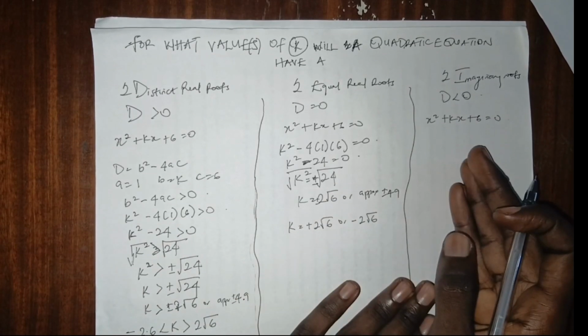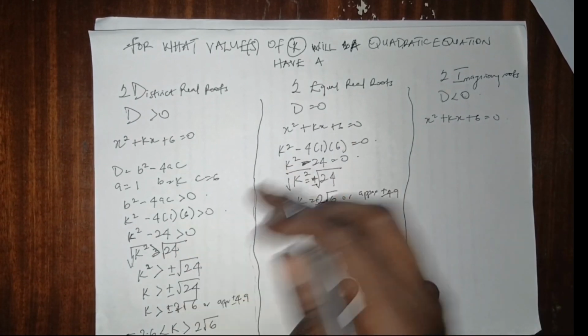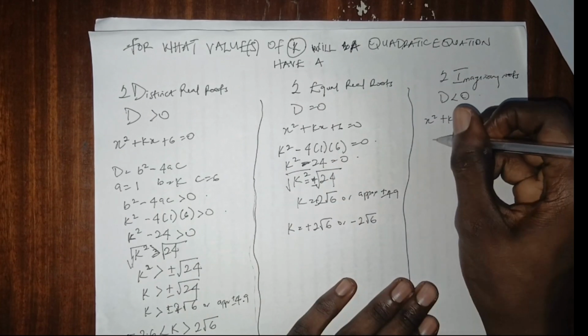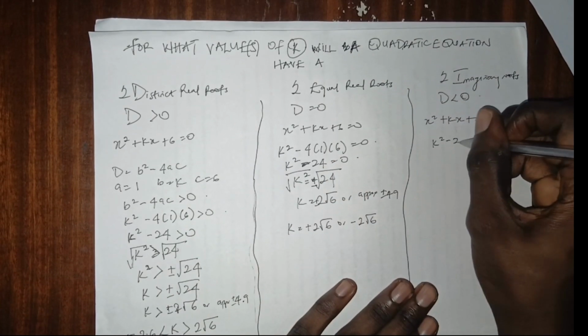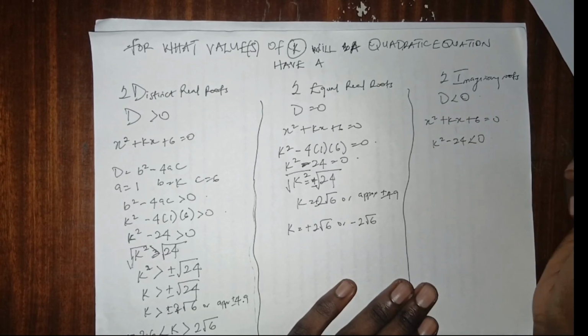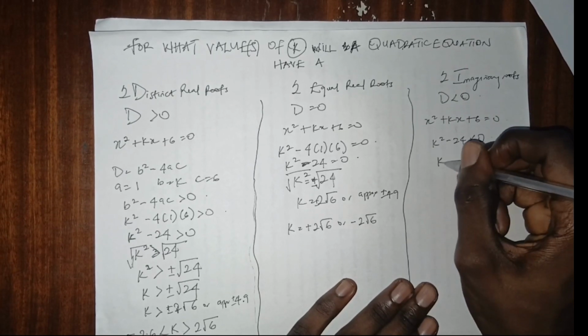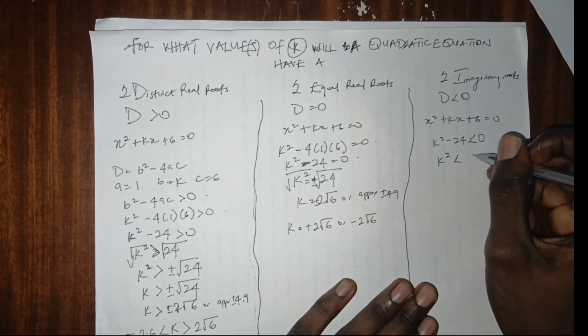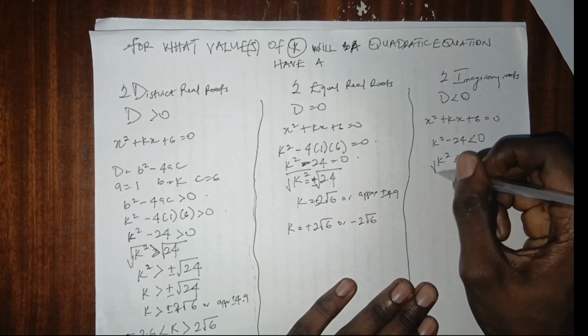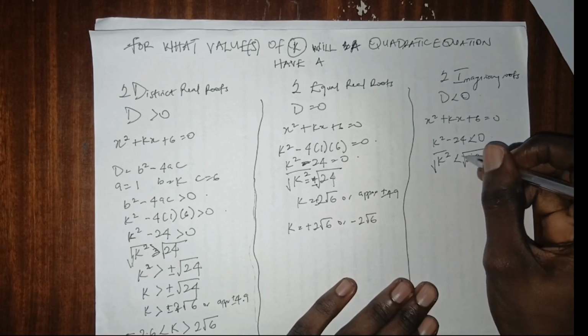So let's do the example starting from here. Let's change this to k squared minus 24, and instead of greater than, I have less than 0 now. So you just have k squared less than 24. Take the square root of both sides, this is a plus or minus.